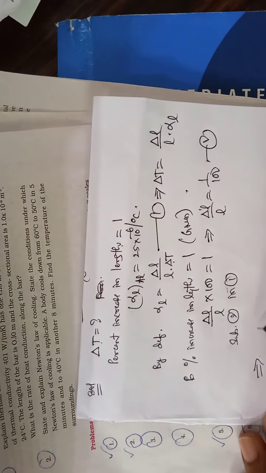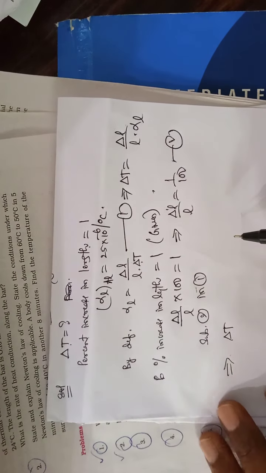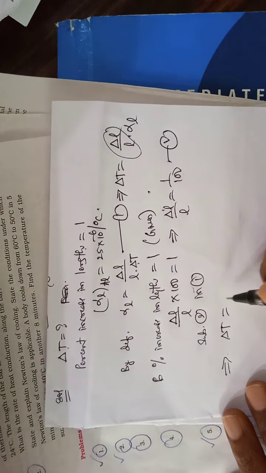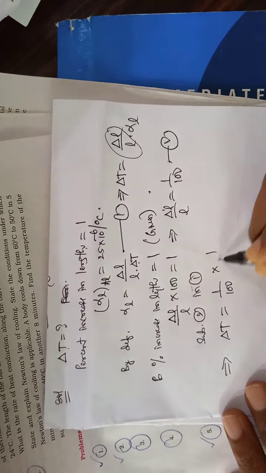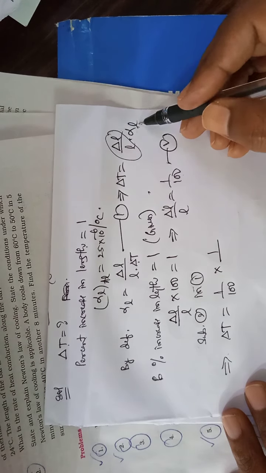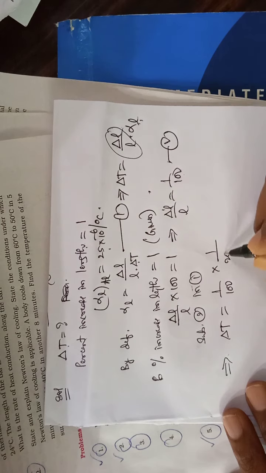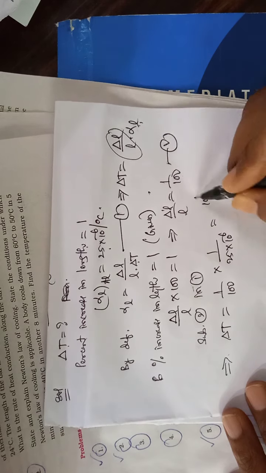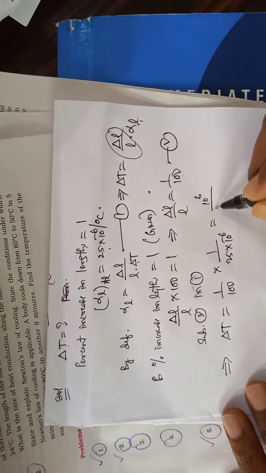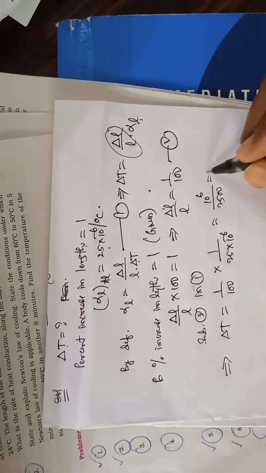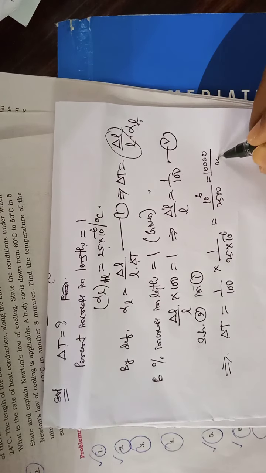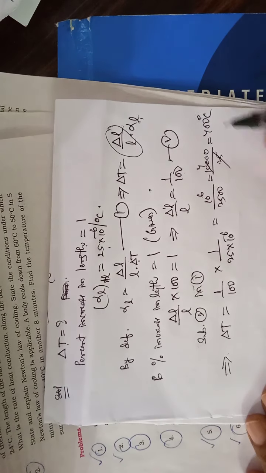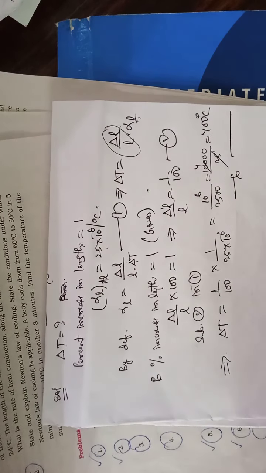We get delta T is equal to delta L by L, that is 1 by 100, into alpha L, that is given here. Take this to the numerator. Increase in temperature, we got the answer.